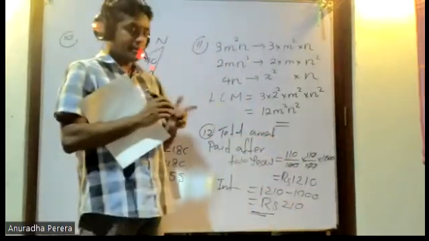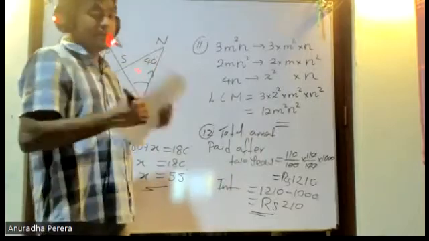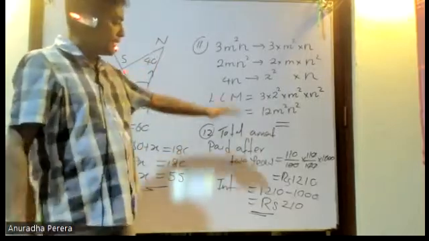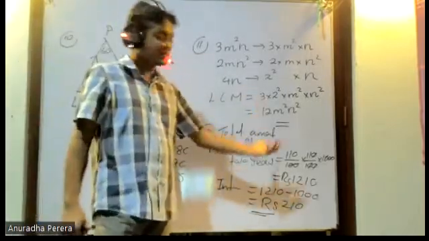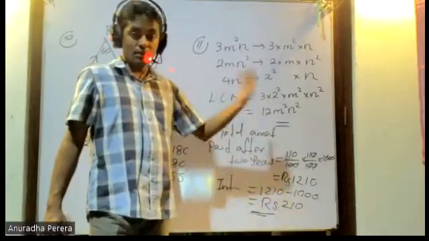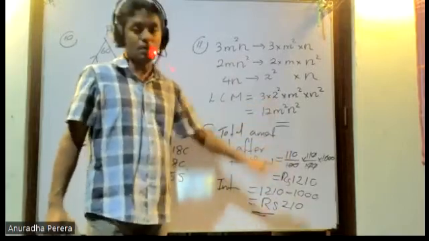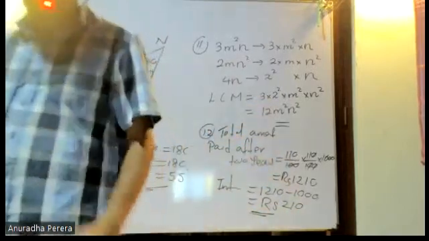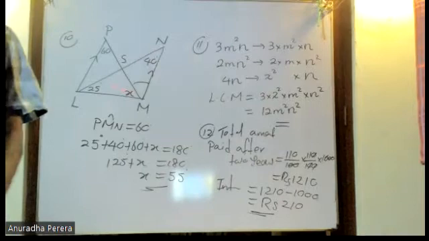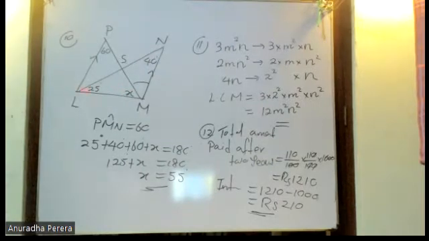You can apply another method. Separately, you can determine the interest for the first year and add it to the loan amount and determine the interest for the second year. Like that you can go. Here, finding it directly and subtracting is no problem. The answer is 210. This is the answer. Right.